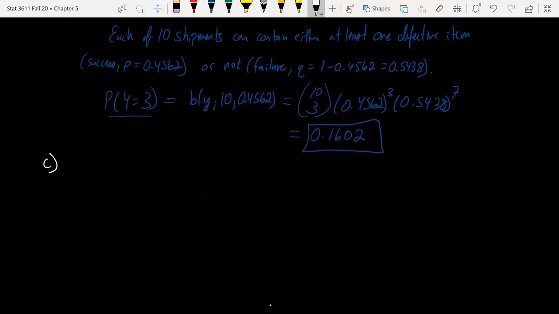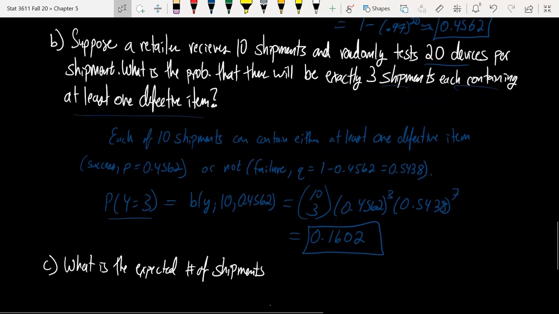Quick follow-up question. What is the expected number of shipments, how many shipments did we have? In 10.